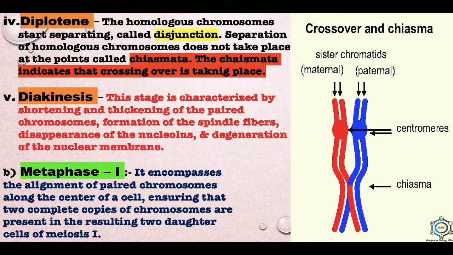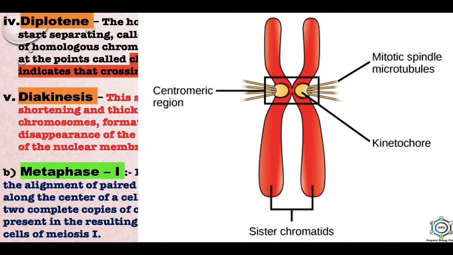Now the metaphase I. It encompasses the alignment of the paired chromosomes along the center of a cell, ensuring that the 2 complete copies of the chromosomes are present in the resulting 2 daughter cells of meiosis I. Here in this picture, the attachment of tetrads to the spindle fibers in metaphase I is different from that of the mitotic metaphase chromosome.